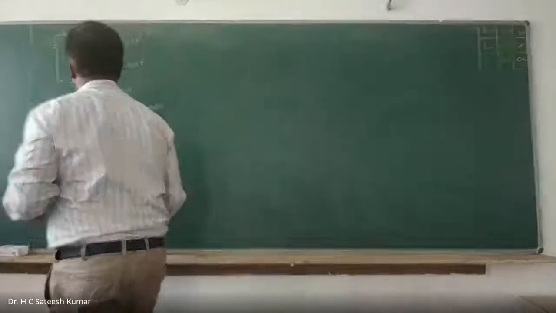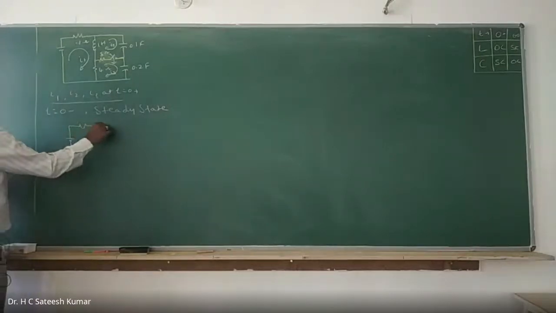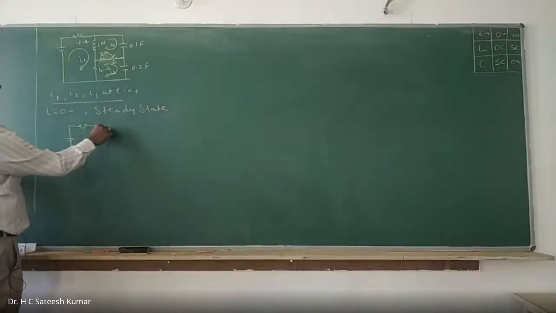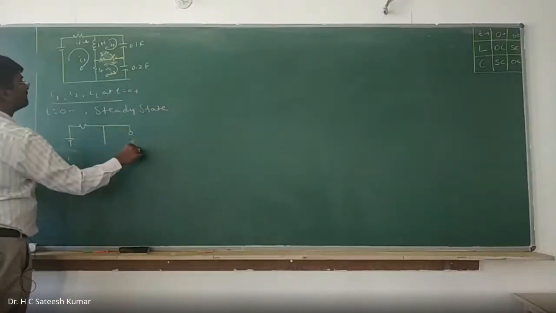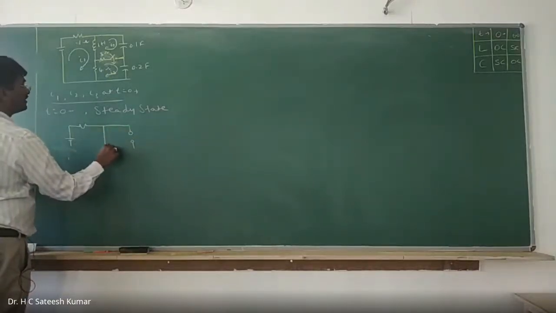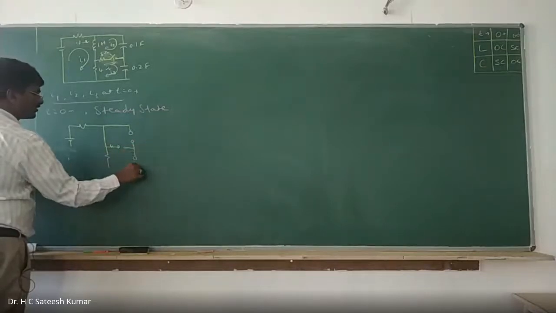So therefore, write this down with a resistor, the inductor short circuited, and the capacitor open circuited, and here we have a resistor, it is open circuited, and one more open circuited.